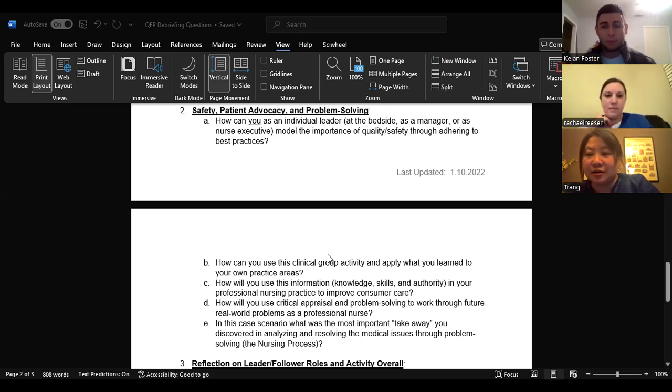We don't cut corners to get it done quickly, but there are sometimes different ways around how you manage this or that, which is helpful. As for applying it to my own practice area, I think the ultimate goal is: did I do my best and do it right for this patient? That is my goal right there. Absolutely.